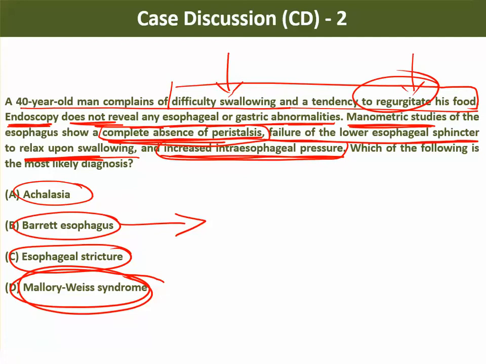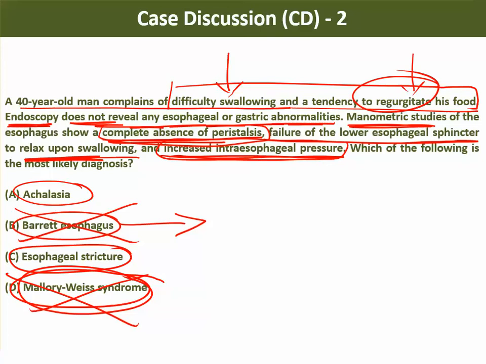There is no history of alcoholism, no history of any chronic illness to have Mallory-Weiss syndrome, because the commonest thing is that the patient should have a chronic illness or chronic alcoholism, right? So now Mallory-Weiss syndrome is excluded. Barrett's esophagus is also excluded because it will not cause absent peristalsis.